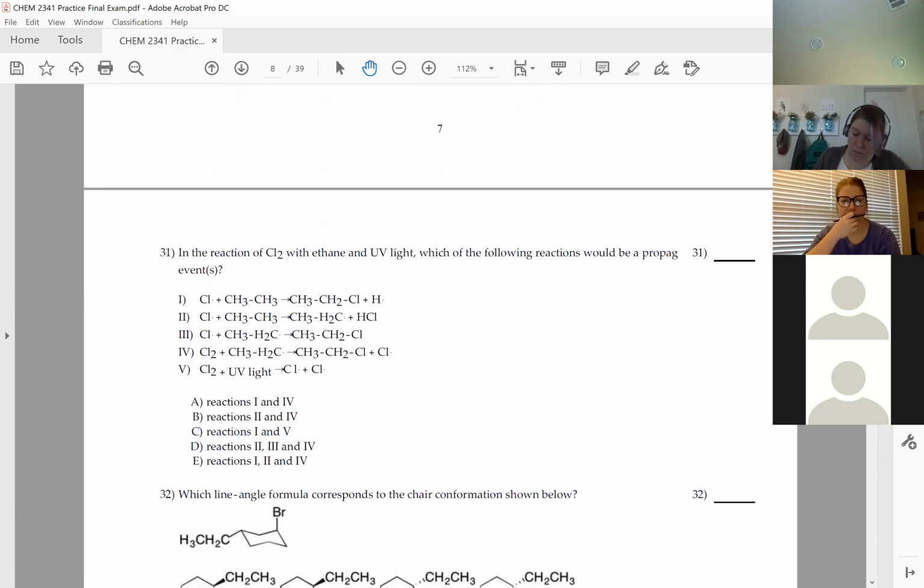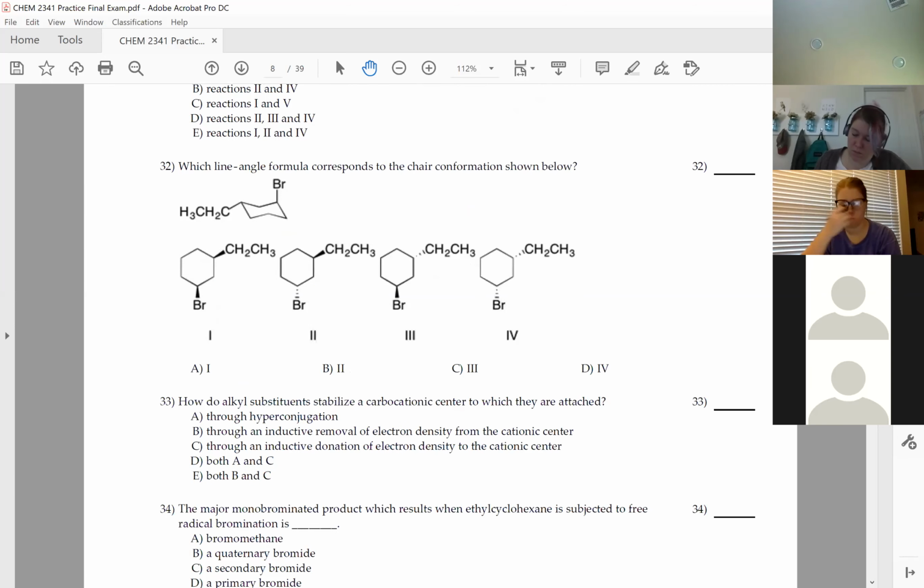Okay, number 32. This is one that really should be a freebie, and yet I always end up with a lot of people missing this type of question. So which line angle formula corresponds to the chair conformation below? Which ones definitely do not correspond? 1 and 4.